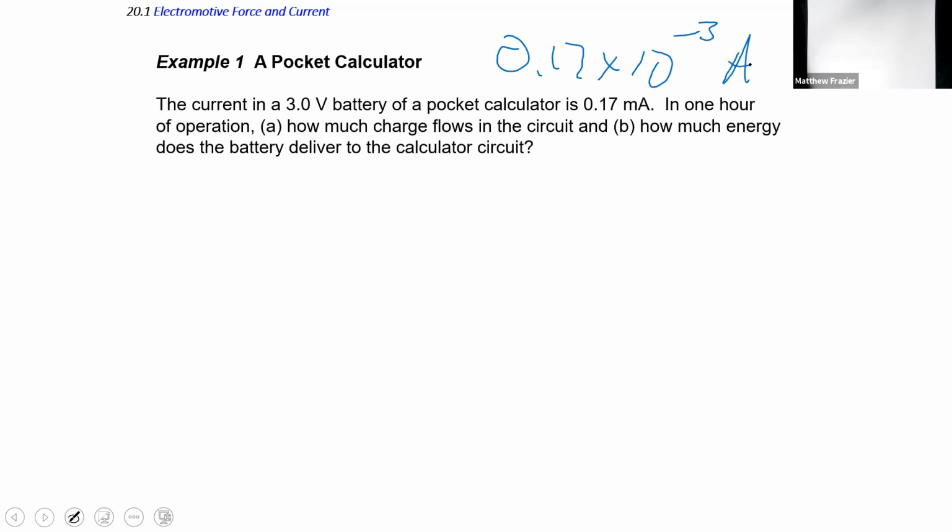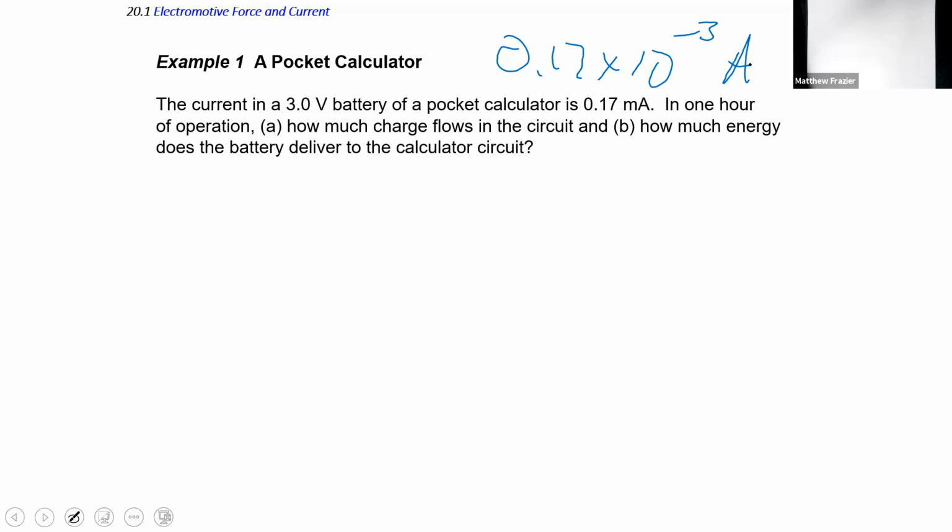Now, you've seen this with capacitors, you've seen it with electric charge, using the SI prefixes. All right, so you just have to remember that milli is 10 to the minus 3 and keep that in mind. So we're going to let the calculator work for an hour. We're going to ask how much charge flows, how much energy does the battery deliver?